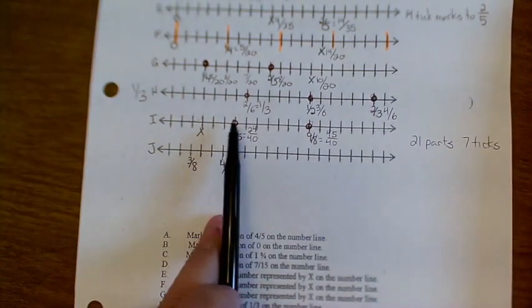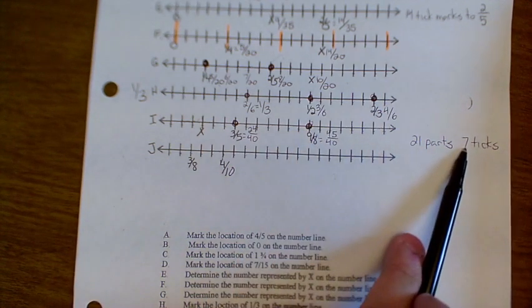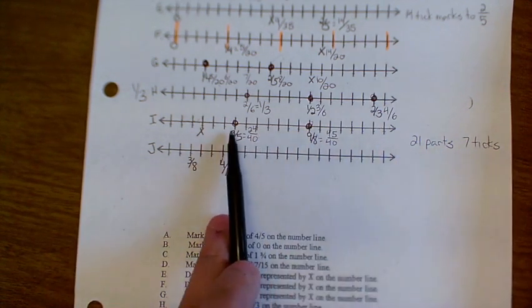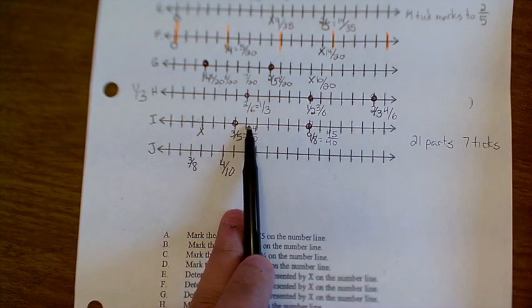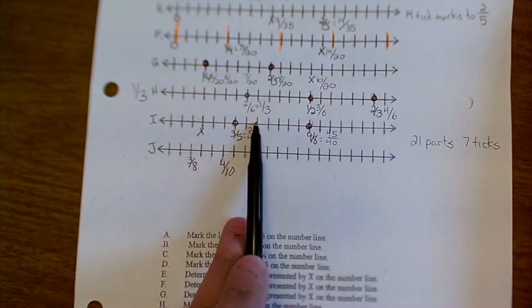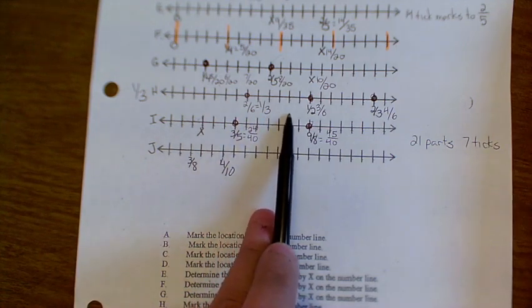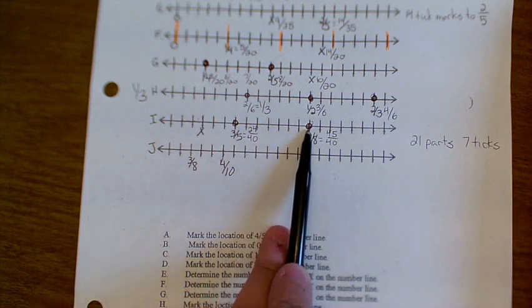So if we're increasing the numerator by a total of 21 and we're doing that equally over 7 tick marks, that means each tick mark would be 3. So this would be 27, 30, 33, 36, 39, 42, 45.